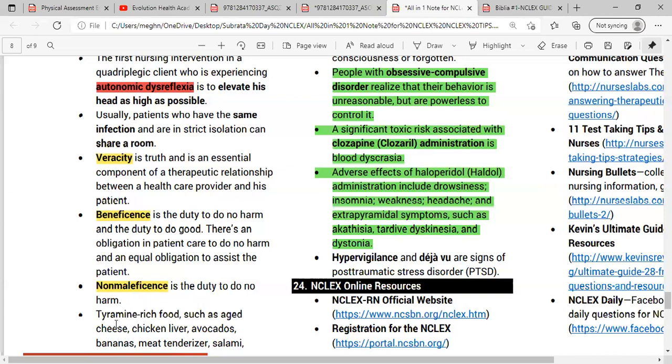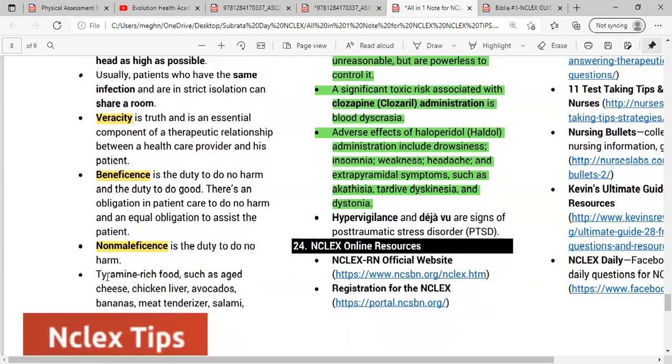So now another piece of information here. Tyramine-rich foods such as aged cheese, chicken liver, avocado, banana, also meat, salami.